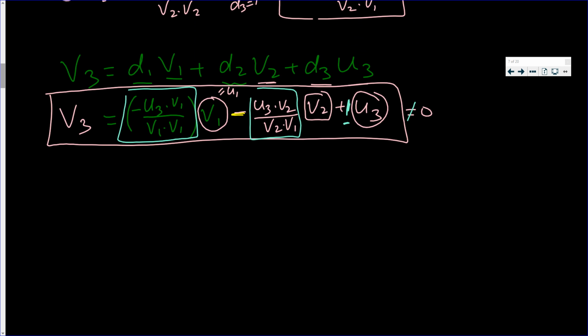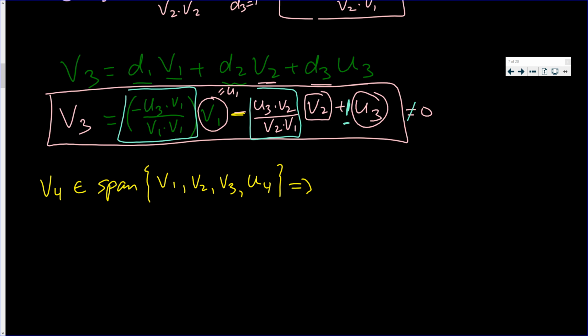So let's consider this set: V1, V2, V3, and good old U4. And we want V4 to be in the span of this set.